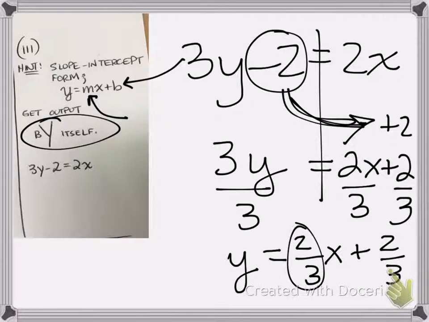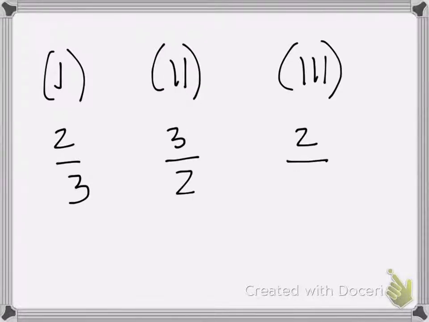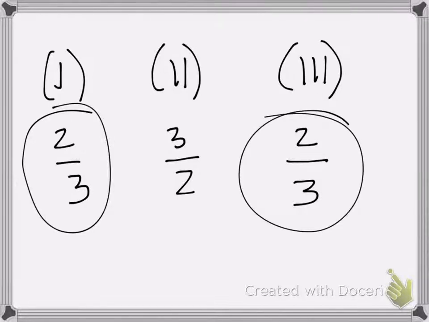So in summation, our first function had a slope of 2/3. Our second function had a slope of 3/2, and our third function had a slope of 2/3. So part A asks which one has the greatest rate of change. Since these two are less than 1, if you put them on a calculator, you'd get 0.66, actually 0.6 repeating.